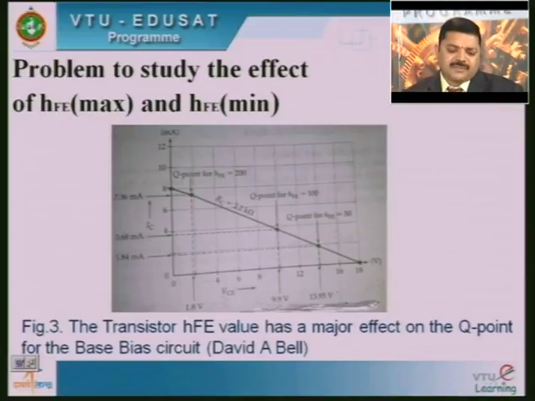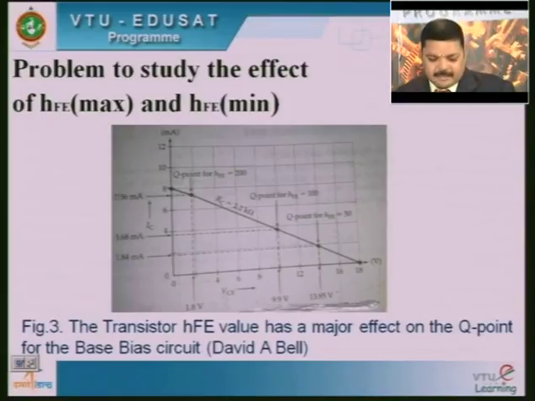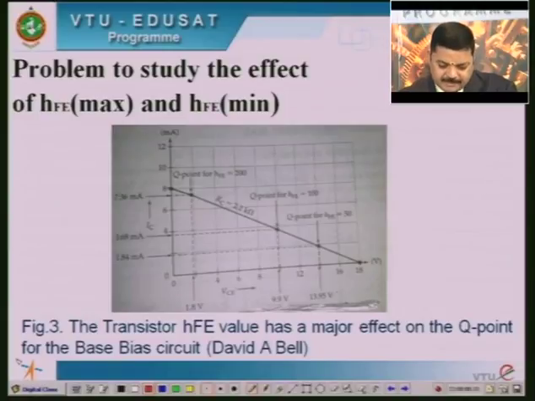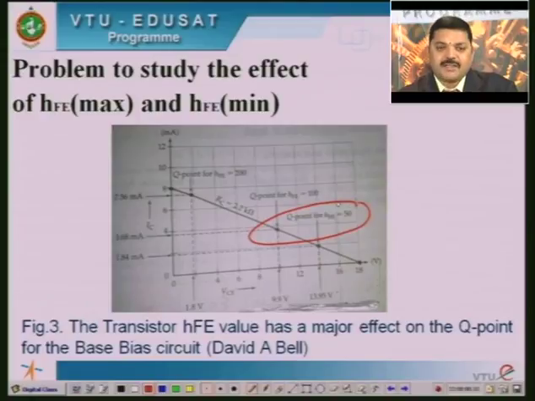Now, the problem to study the effect of HFE max and HFE min. This is the graph taken from David A. Bell's book, and here we have marked the operating points for both the cases. For HFE minimum, the operating point is here.